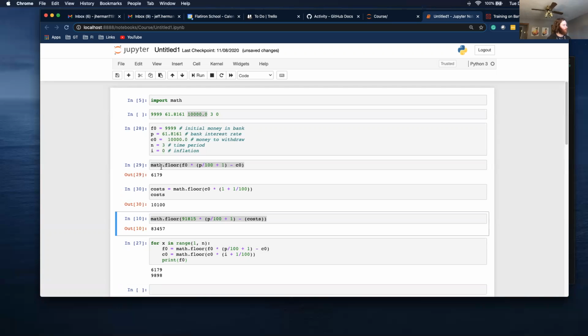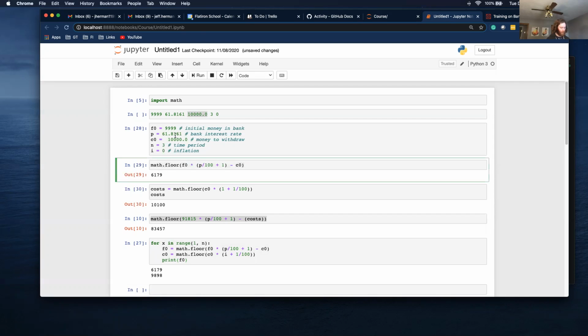The first time through, our costs are greater than that. So our costs are greater, but then let's call this F0.